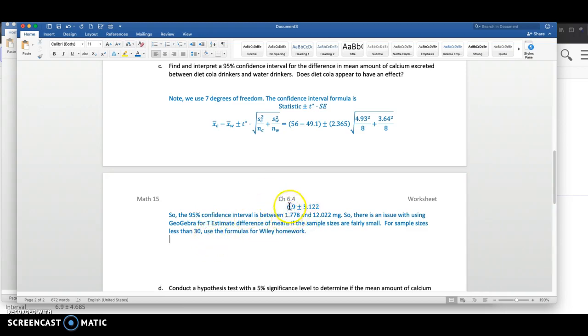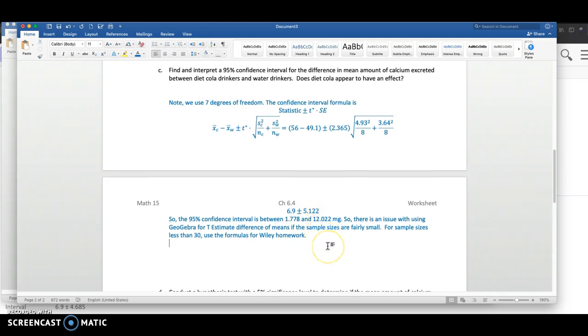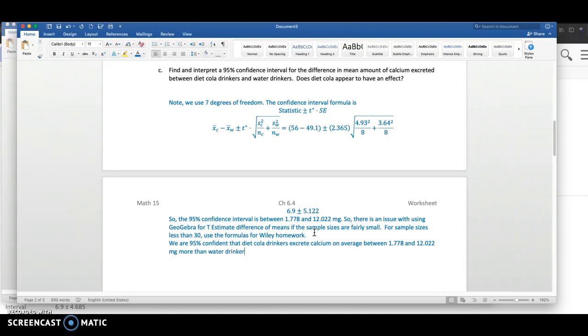So if we stick with the formulas, confidence interval, 1.778 to 12.022, we would say we are 95% confident that Diet Cola drinkers excrete calcium on average between 1.778 and 12.022 milligrams more than water drinkers.